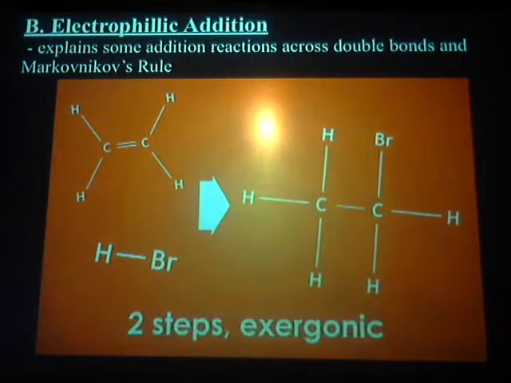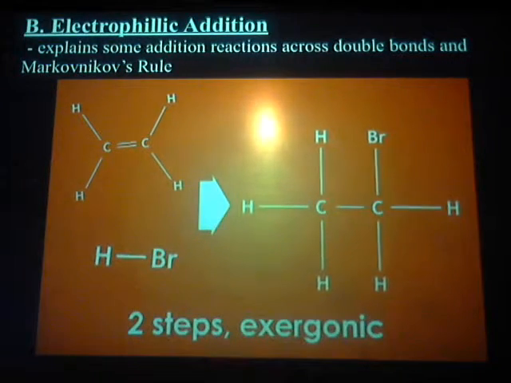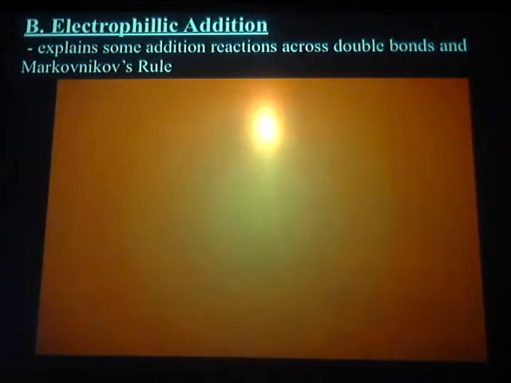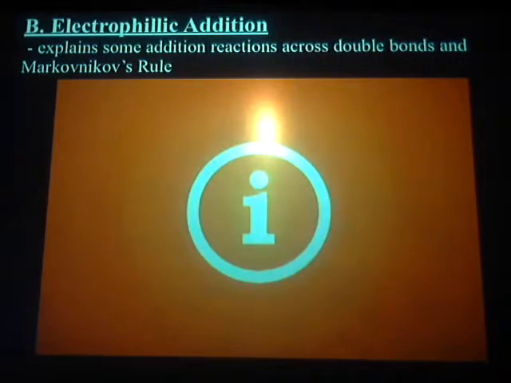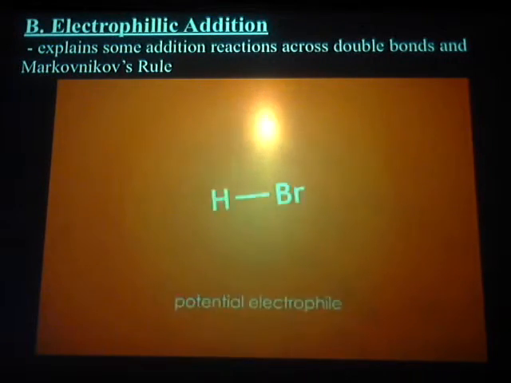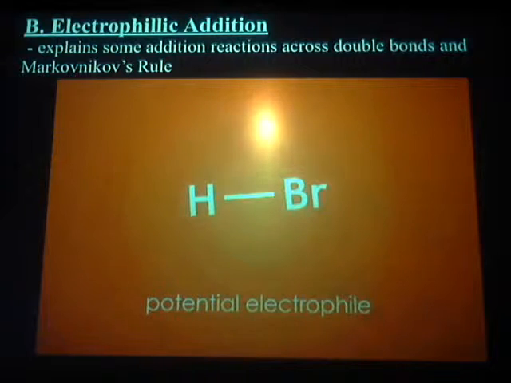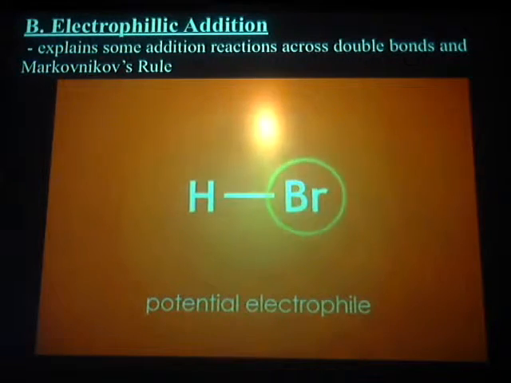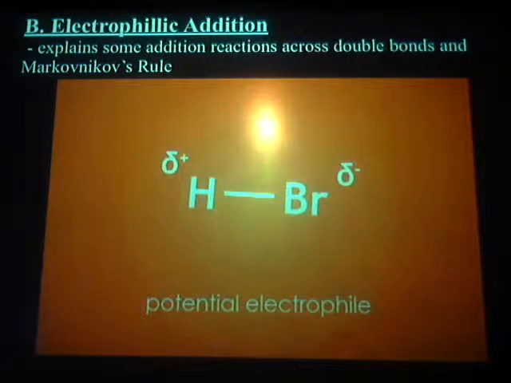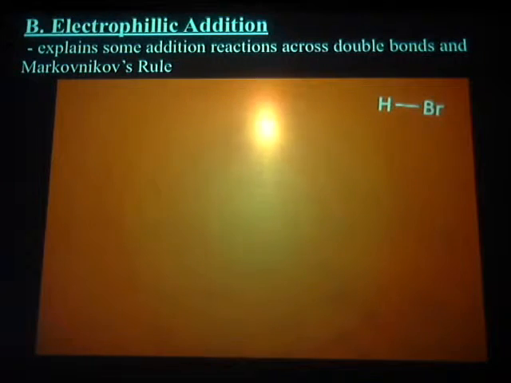This reaction takes place in two steps and is exergonic overall. Energy is released. One reactant is a potential electrophile. Because the bromine atom is electronegative and attracts electrons, it causes a partial positive charge on the hydrogen atom to which it is bonded. The hydrogen is thus electrophilic.